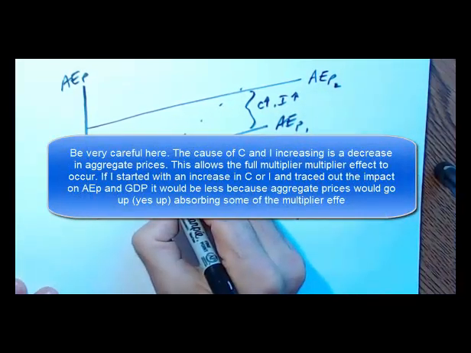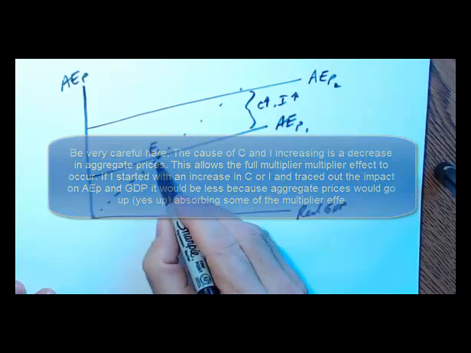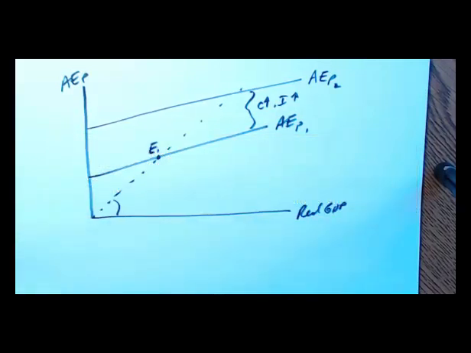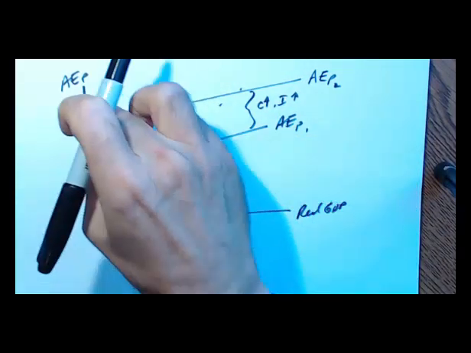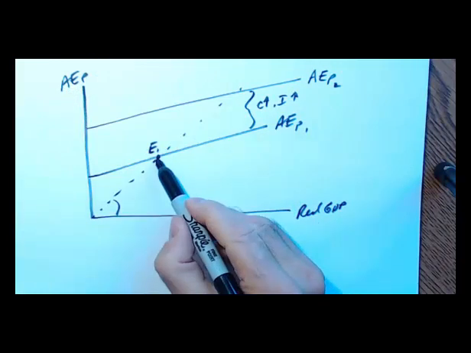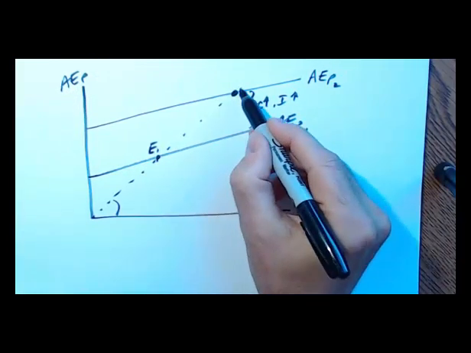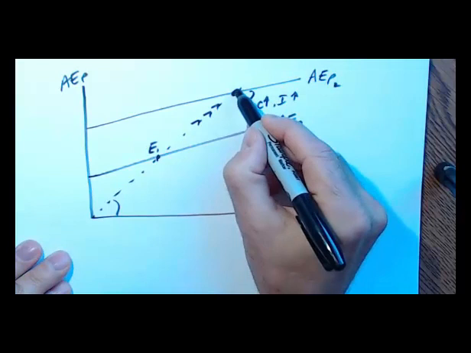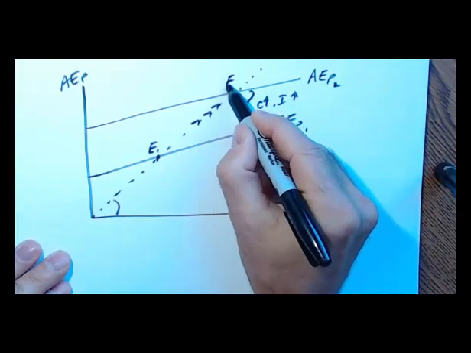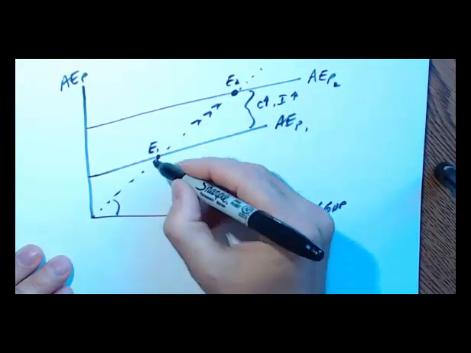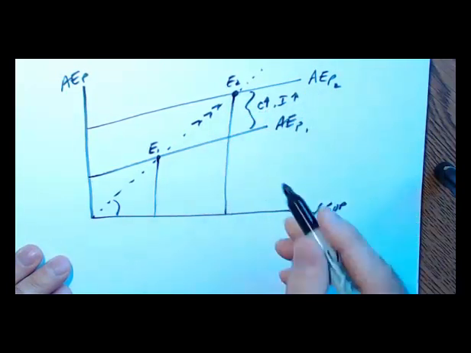We start from equilibrium point 1, remember, because this is the 45-degree line where production equals spending. And so we go from this equilibrium to slide up here to the new equilibrium, E2. Notice the multiplier effect.